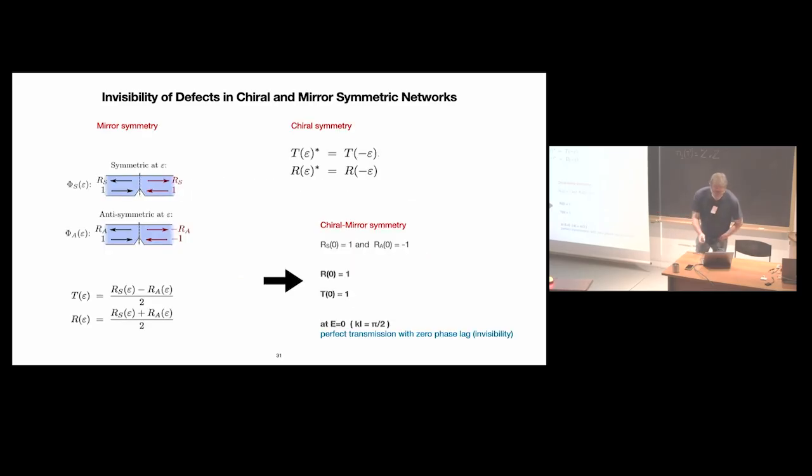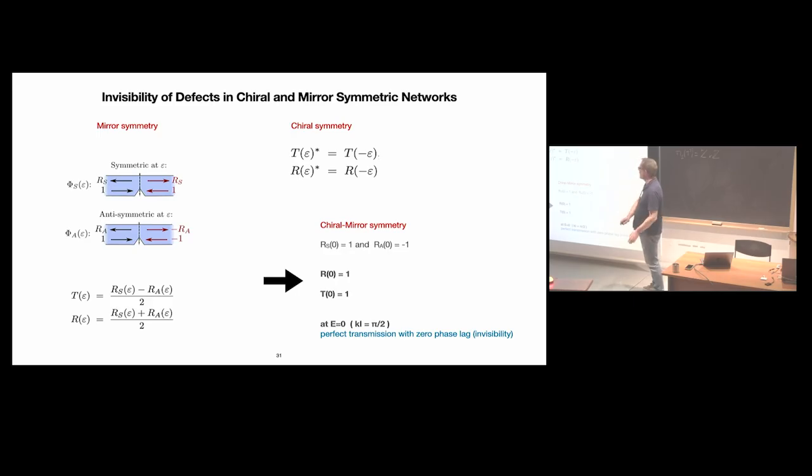So, very briefly, how it works. The mirror symmetry, as often, allows us to separate the scattering problem into sub-problems, one symmetric problem and one anti-symmetric problem, and to play with two different reflection coefficients, reflection symmetric and reflection anti-symmetric.